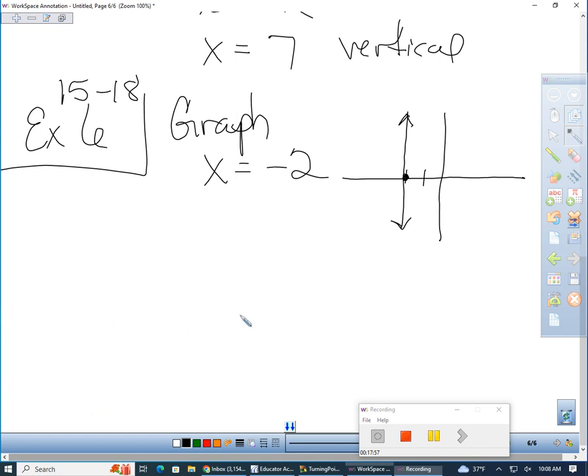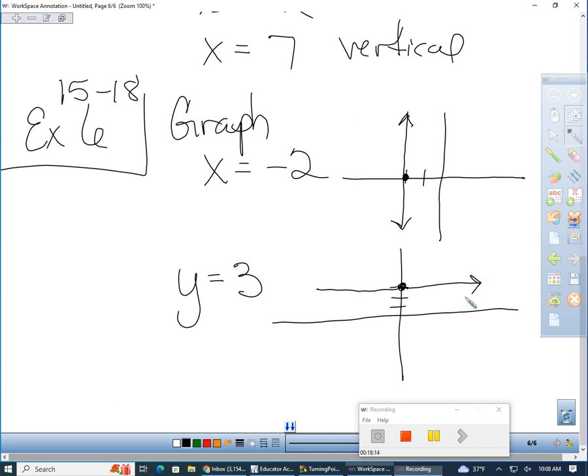Right. How about if I have y equals 3? I'm going to draw my coordinate plane. I go to y equals 3, and what kind of line do I have? Horizontal, right through y equals 3. One more.